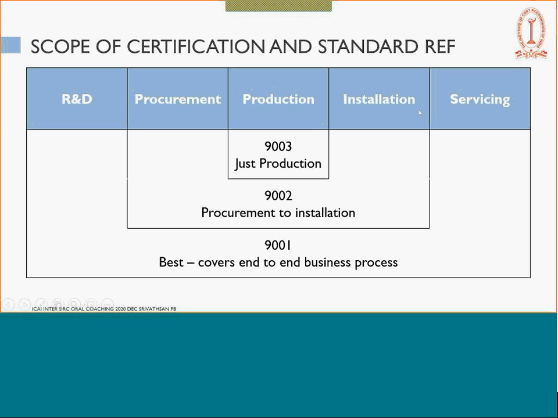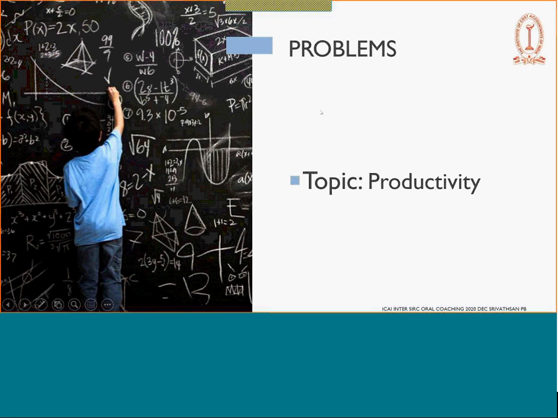So of course R&D to servicing is better. You see many companies having 9001, 9002, 9003 in their advertisements. So 9003, production is certified. 9002, procurement to installation is certified. And then 9001, R&D end-to-end, everything is certified.